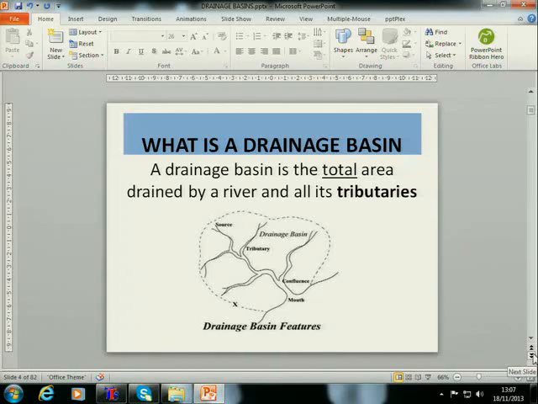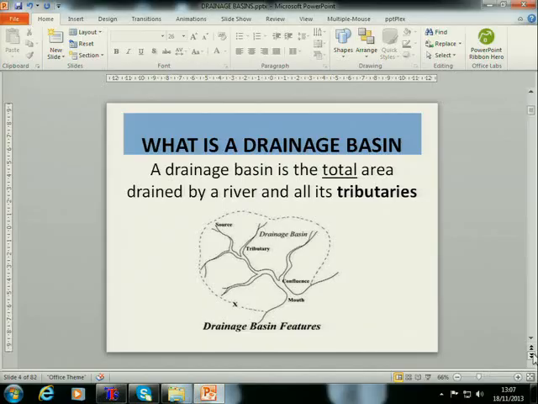Okay, let's start. The very first feature. What is a drainage basin? As you can see on the screen, a drainage basin is the total area drained by a river and all its tributaries. Now, when you look at the picture, you will see that we have dotted lines all around that river.